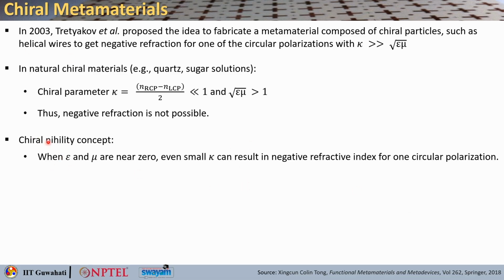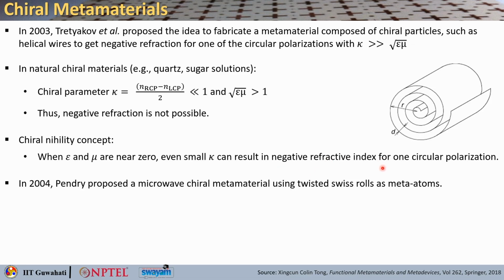So, now in the case of chiral metamaterials, you also have a concept called chiral nihility, right. So, that happens when epsilon and mu are near 0. In that case, even a small kappa chirality can lead to negative refractive index for one circular polarization. Okay.